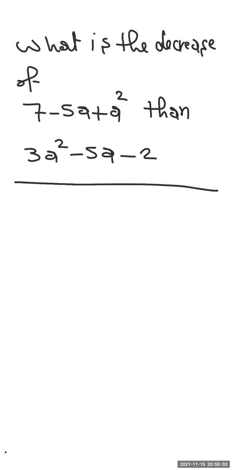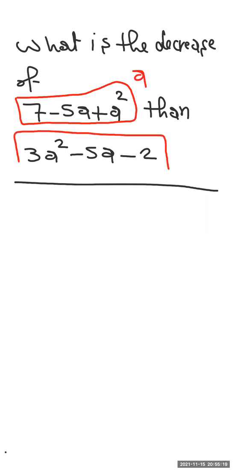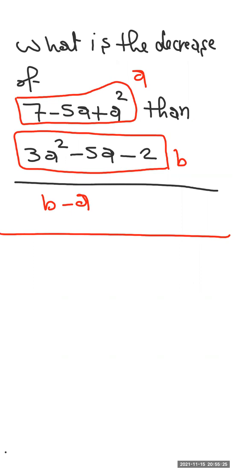Do you still remember that the decrease of a then b means b minus a? So this one is a, then this one is b, it will be b minus a. So simply write down that one first.